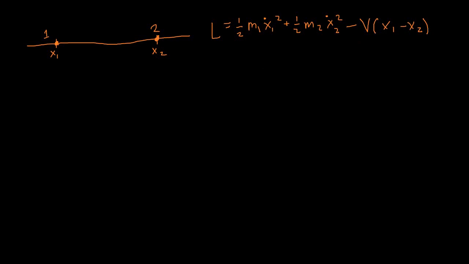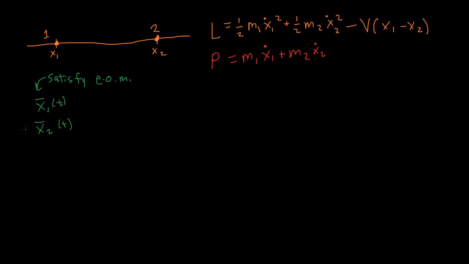So what we want to show is that the total momentum of these two particles combined, which is m1 times x1 dot plus m2 times x2 dot, is conserved along paths which obey the equations of motion. So let's say that x1 bar of t and x2 bar of t are our paths which satisfy the equations of motion of our system.